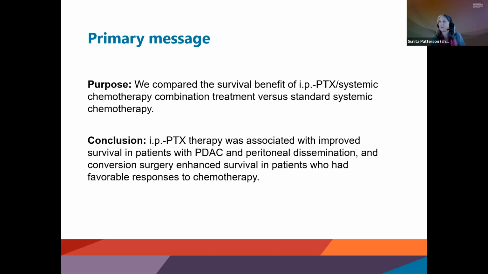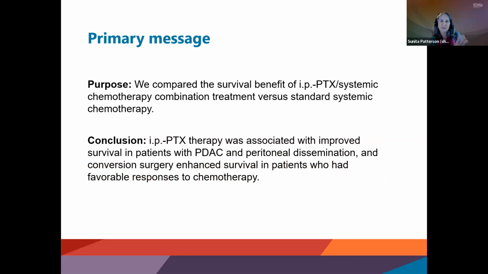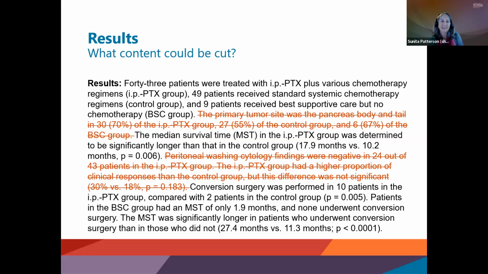And again, this is subjective, I think, but based on the fact that the purpose and the conclusion focused on survival benefit, we decided that, looking at the middle, the two sentences about peritoneal washing cytology findings and about clinical response were not related to survival benefit.